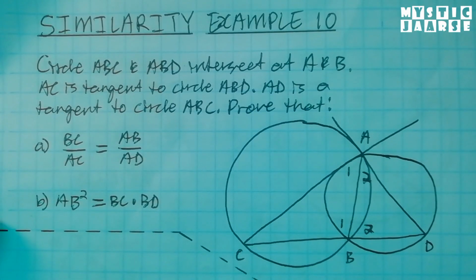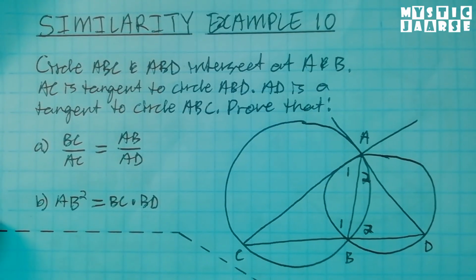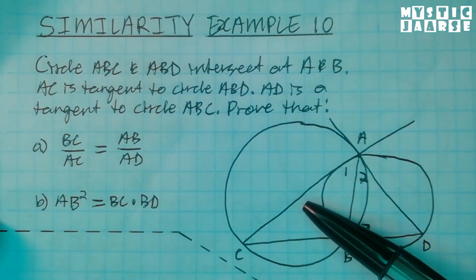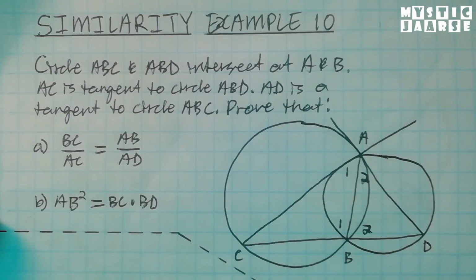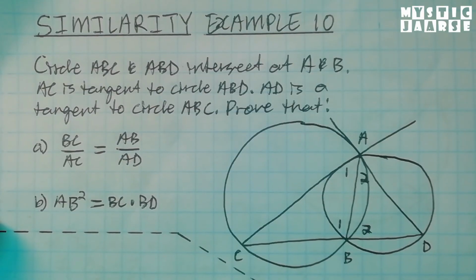Now, this example is a little bit different from the ones we have done in the previous videos, because usually they tell us to prove that two triangles are similar, right? And after proving that the two triangles are similar, we already know the corresponding sides of the triangles and the corresponding angles.